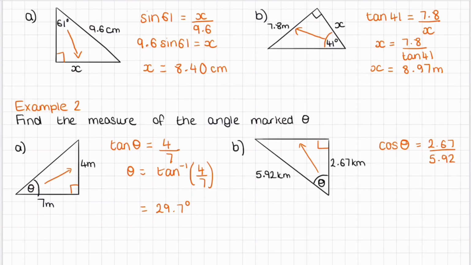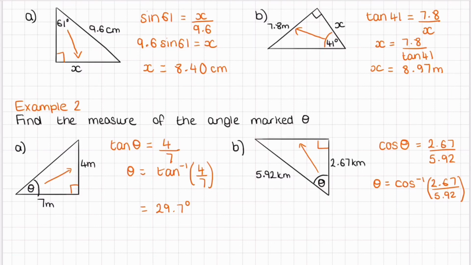Once again, we're trying to find the angle, so we have to do the inverse of cos, so cos^-1 of that division. What I also would recommend is not to work out what 2.67 divided by 5.92 is first, because you will then use a rounded answer, and the IB doesn't like you using rounded answers throughout your working out, because your final answer will end up incorrect.